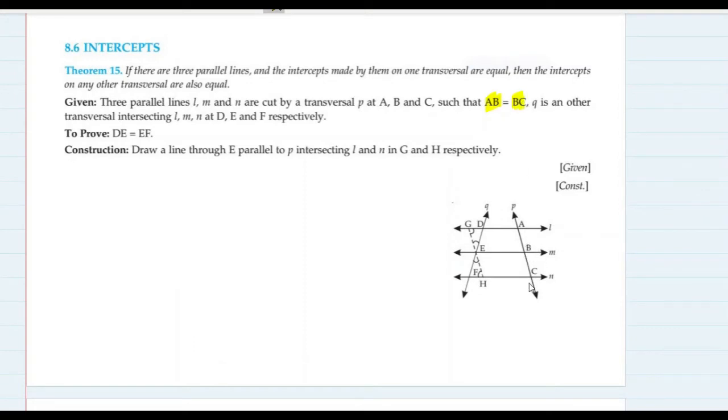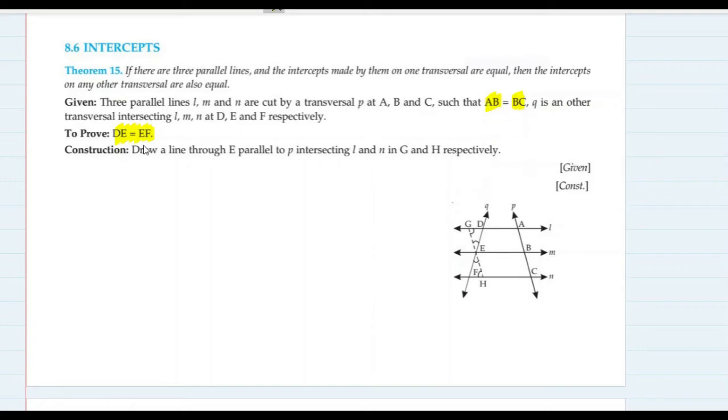And another transversal Q is also cutting these three parallel lines L, M and N, such that it is making two intercepts DE and EF. So if AB is equal to BC, we have to prove that DE is equal to EF.